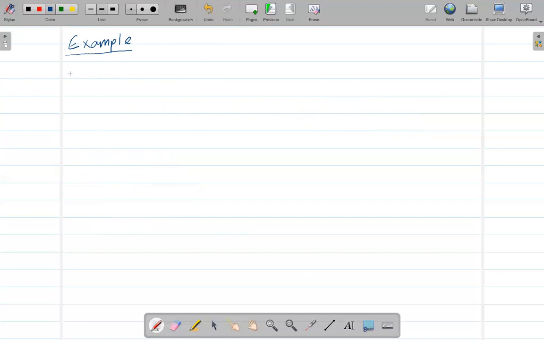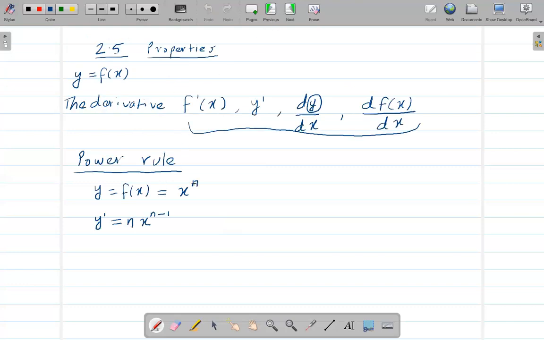All right, so the first one, let's say f of x is equal to x to the power 3. So if I want to find the derivative of this, I can just write f prime of x is equal to, using the power rule, I can bring this power down here, and then get the new power after that.